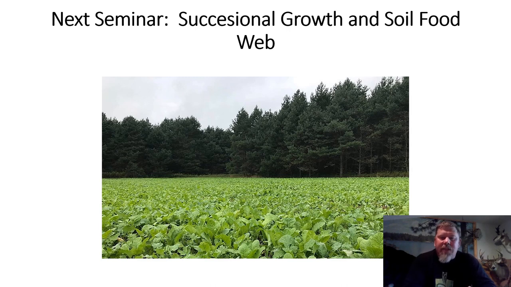So in our next seminar, we'll talk about successional growth, and we'll talk about the soil food web and how all these ingredients work together to provide excellent soil health that is full of nutrients that allow us to then grow nutrient-dense palatable food plots that are outcompeting our neighbors and making sure that every next bite that our deer are having is as packed with nutrients as it can be.